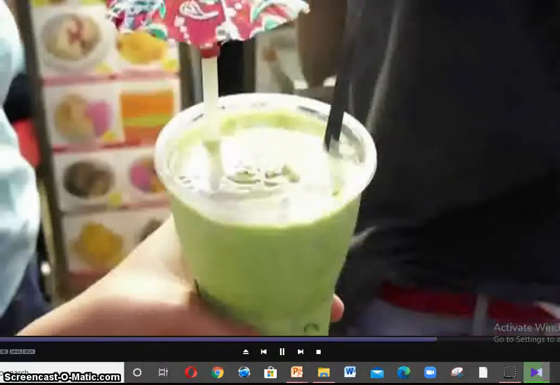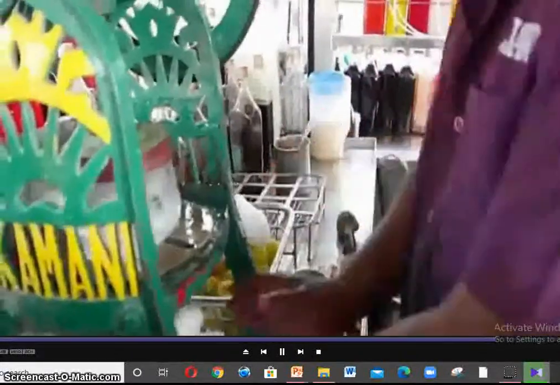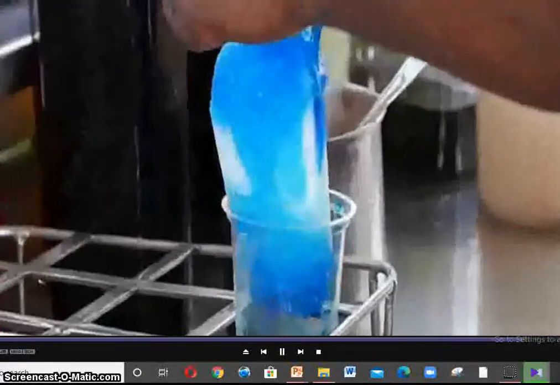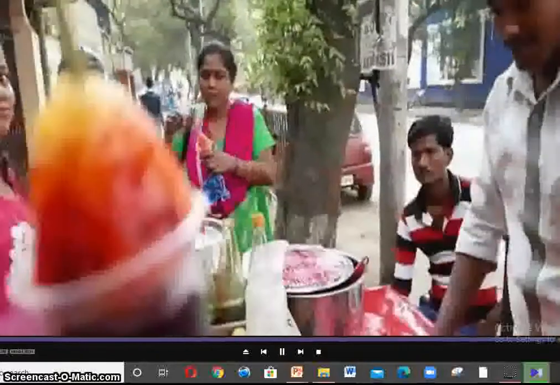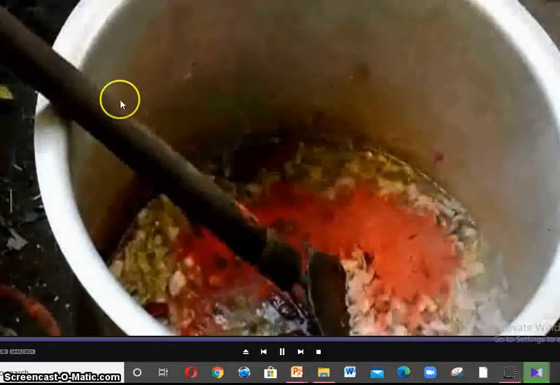Would you like to buy some ice cream that contains washing powder? The food colors. Consume some spices that contain arsenic compound.